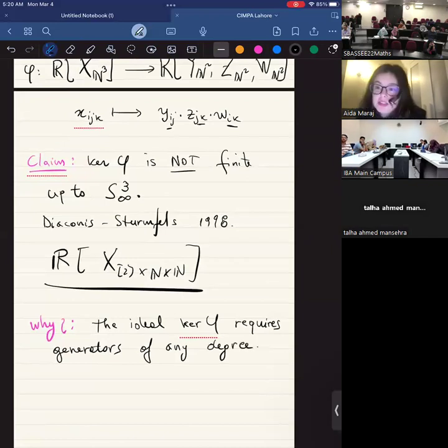So if it requires generators of degree that just goes to infinity, then there is no way that a finite set of polynomials can give us everything, because the group action preserves the degree. So like a polynomial of degree, let's say 100, by applying symmetry, cannot give us a polynomial of degree 101.